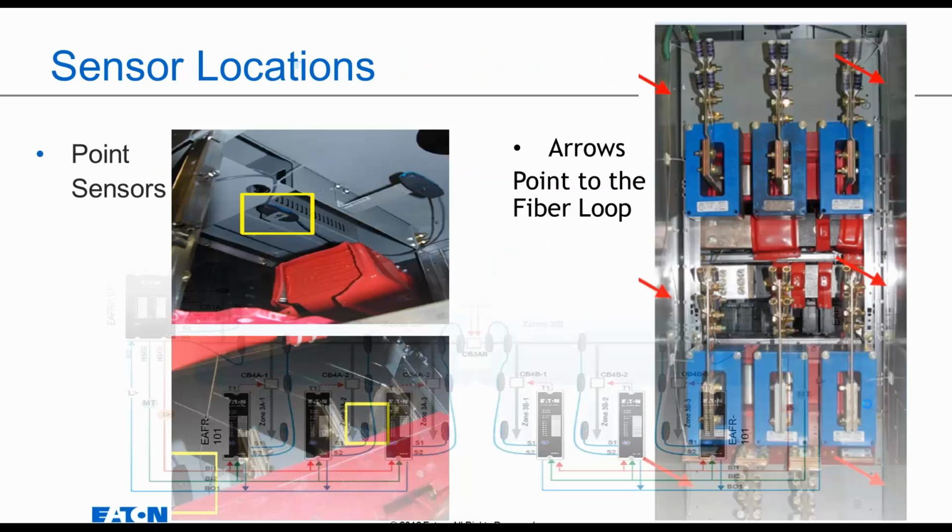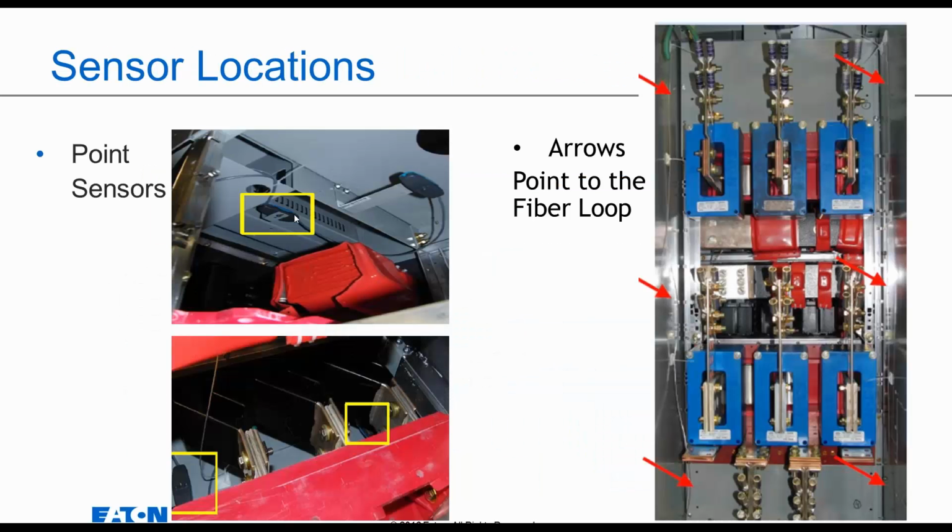And here are just pictures of sensors on the top of the gear. These are point sensors on the top. And over here we have a fiber optic sensor that is snaked around the inside of the gear, the door, or the equipment.